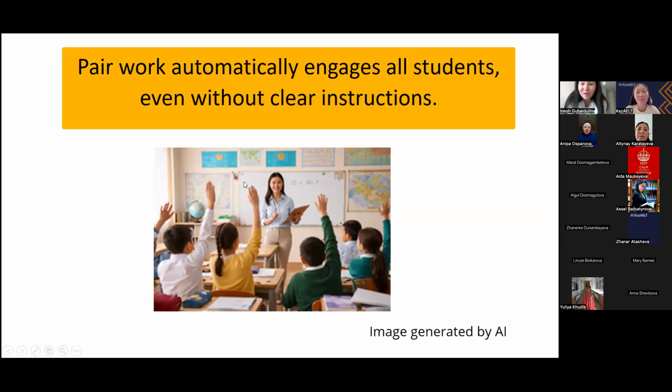Pair work automatically engages all students, even without clear instructions. So it depends on the number of students, if it's even or odd. Thank you.